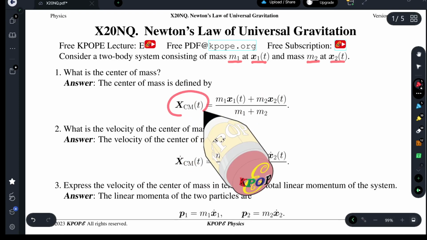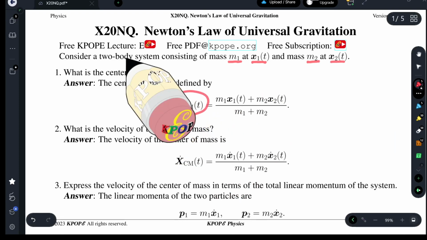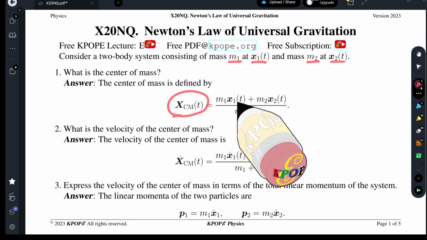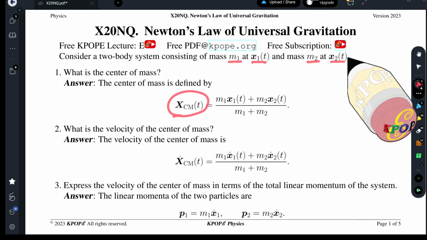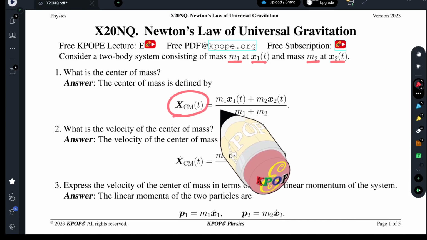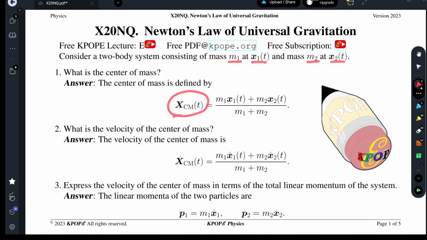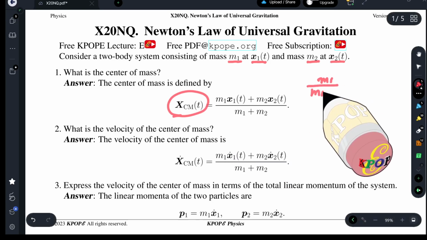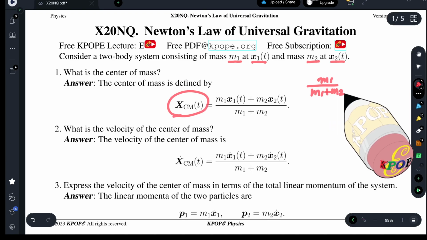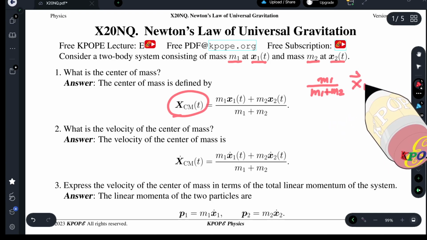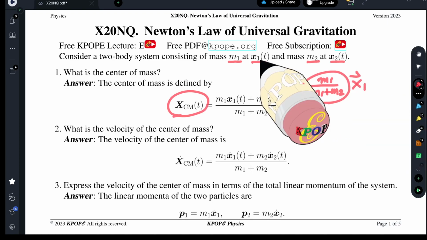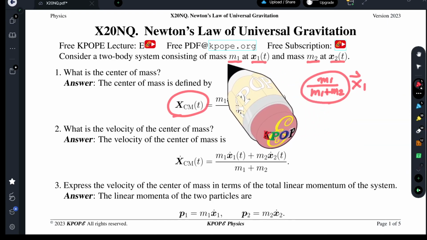By definition, the center of mass of a two-body system is the average value of the position vector. Weighted average. The weighting factor is the mass. Here, M1 over M1 plus M2 is the factor applied to the position vector for the mass M1.